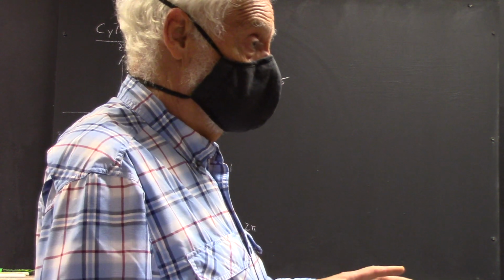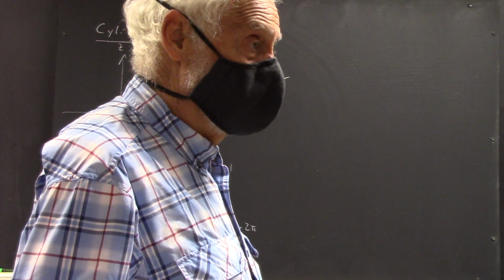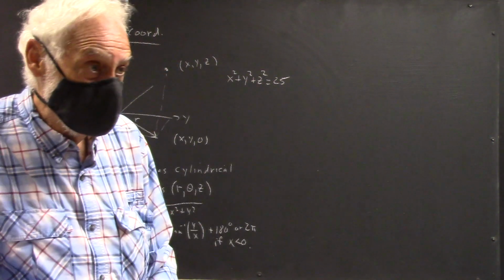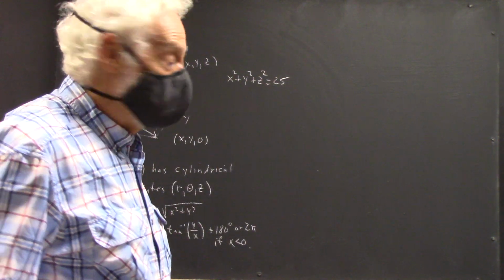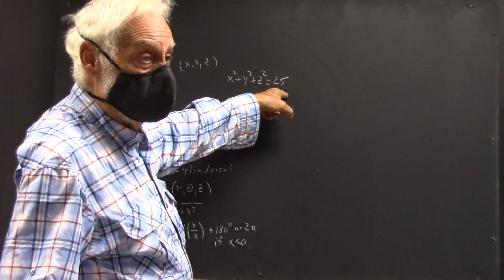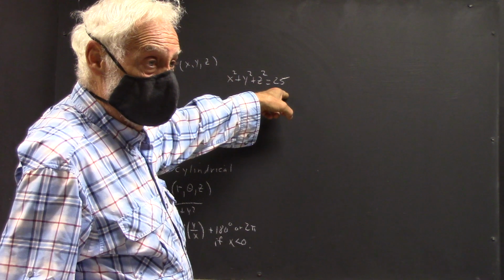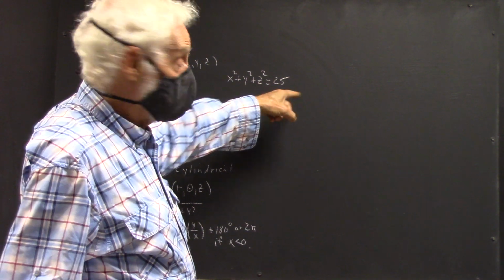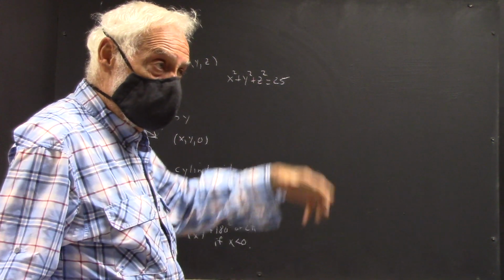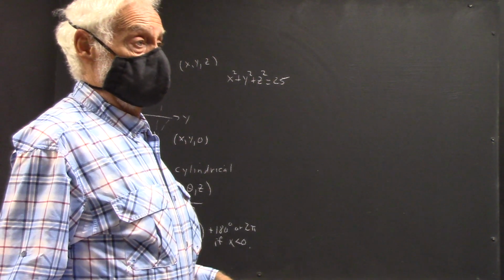You can show me with your hands if you understand. You're going to make a gesture that looks kind of like this. It's a sphere. Because the distance from the origin to this point is 5, right? Because the distance from the origin to x, y, z is the square root of x squared plus y squared plus z squared. Okay?